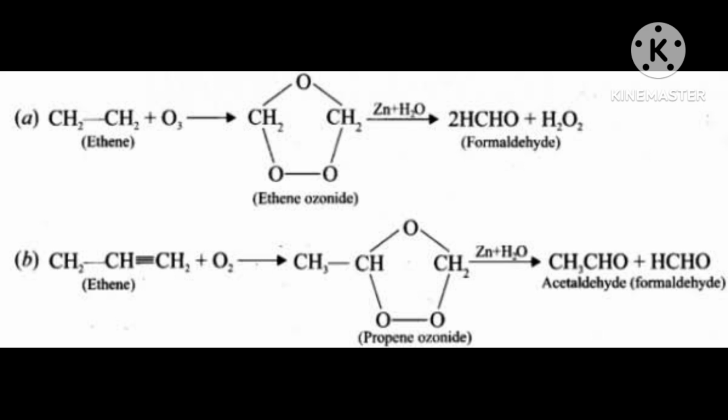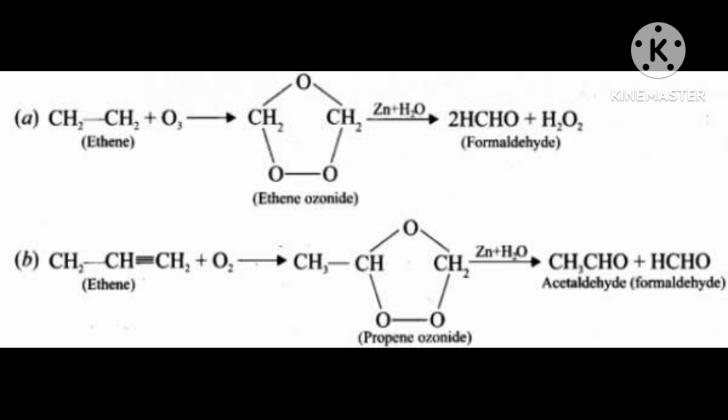The simple compound from which polymers are prepared is ethylene, and that one unit is called the monomer. Mono means one, and one unit MER, monomer.